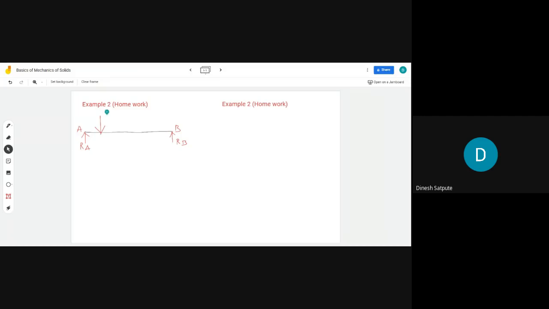Its value is equal to 10 kilonewton, or now you can take 15 kilonewton. 1 meter, this distance, total distance is 4 meter, sorry, 5 meter. This point is point C.